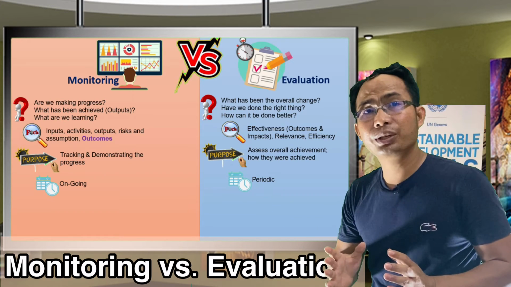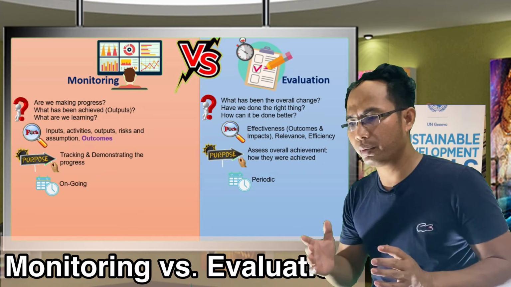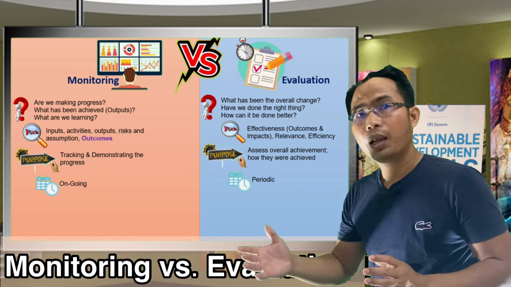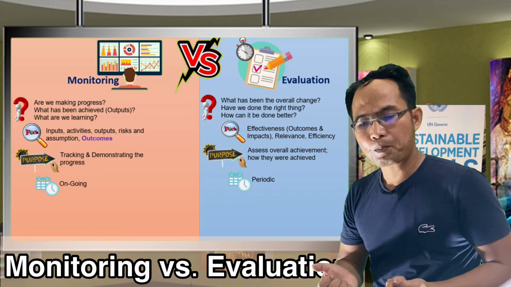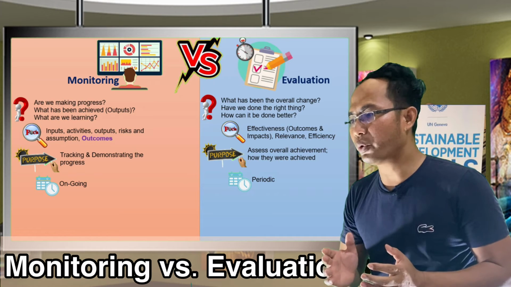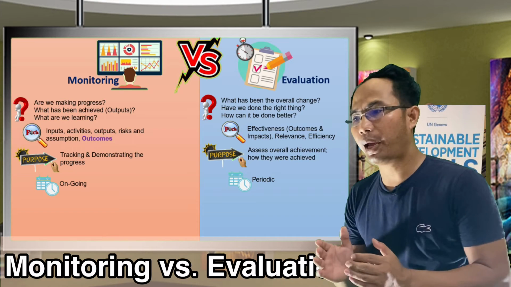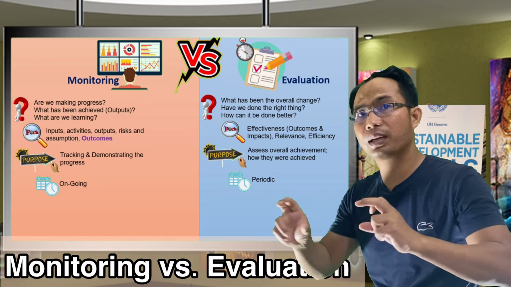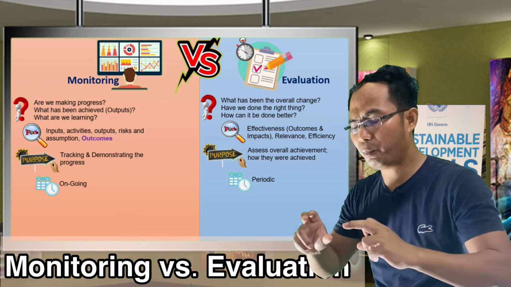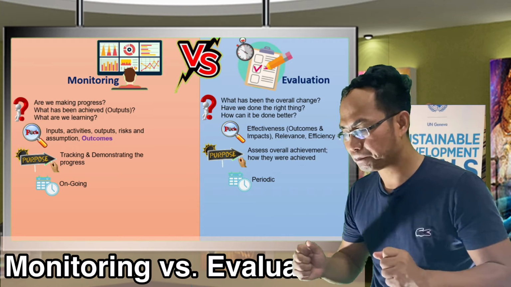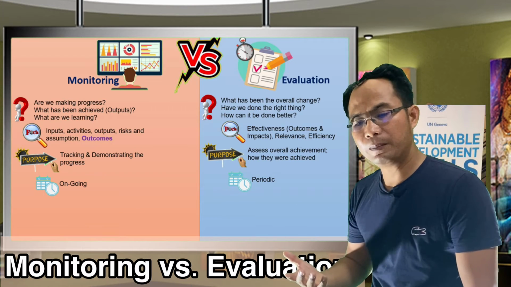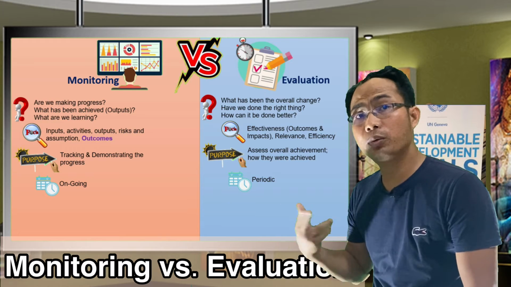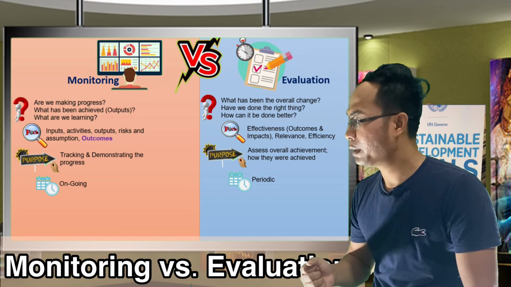But some longer projects, 3 to 5 years, also have a midterm review, which we do only at the middle of the project life cycle. So project evaluation, we don't do very often. We just do it 1 or 2 times during the project.